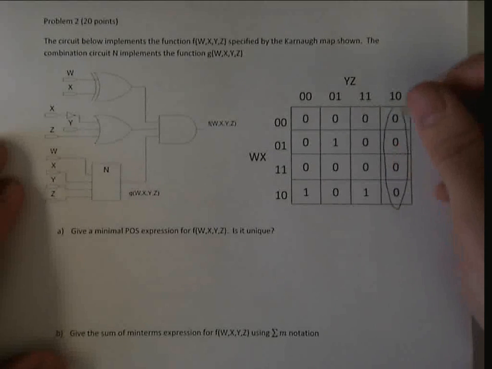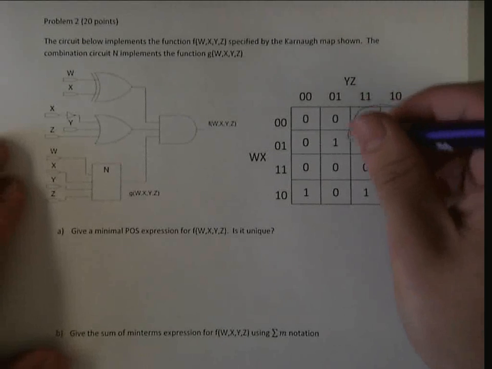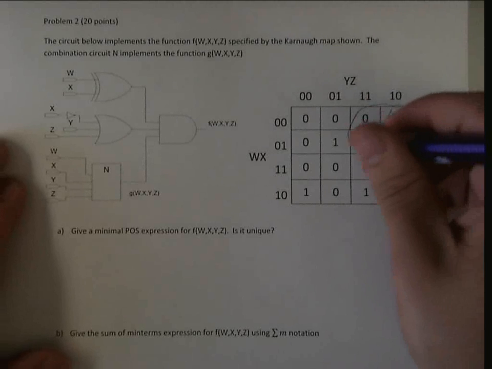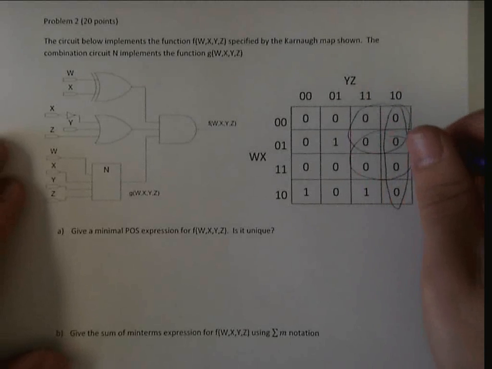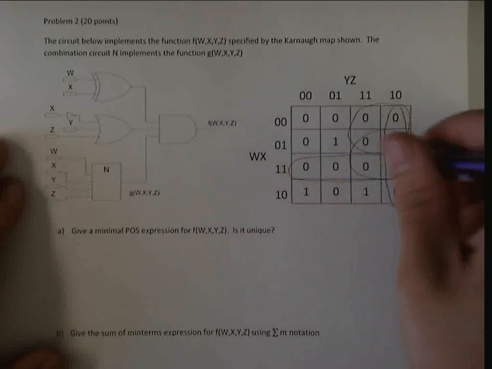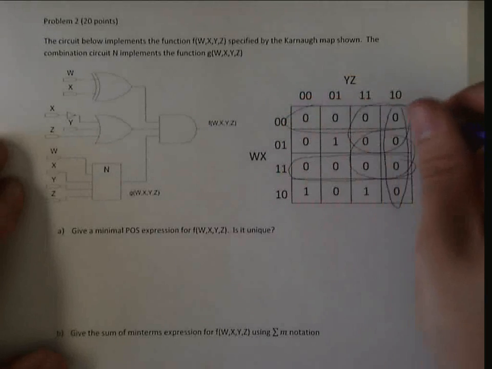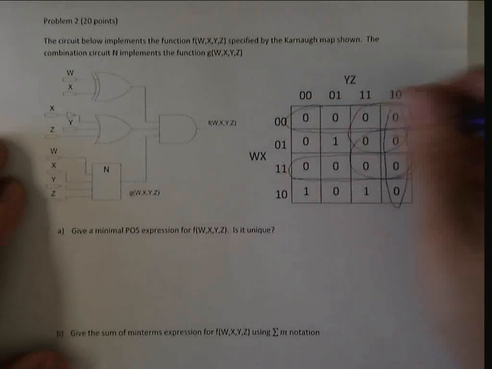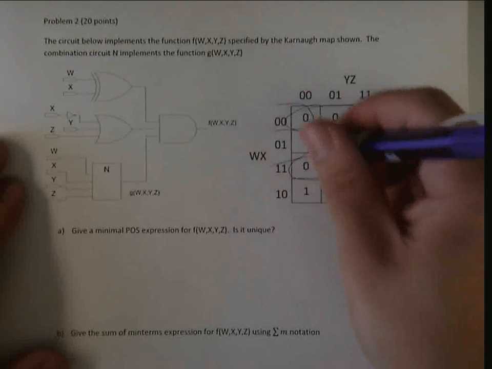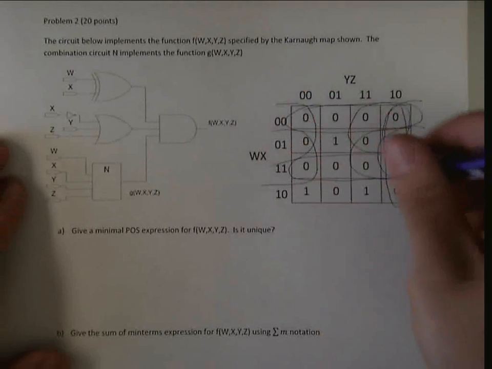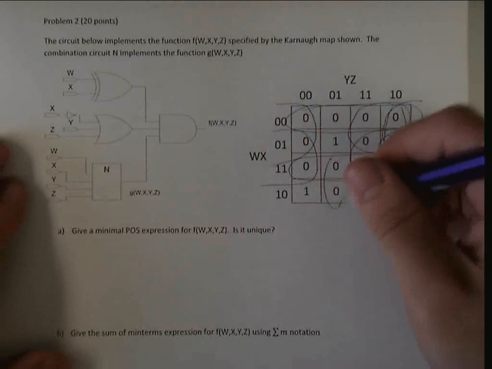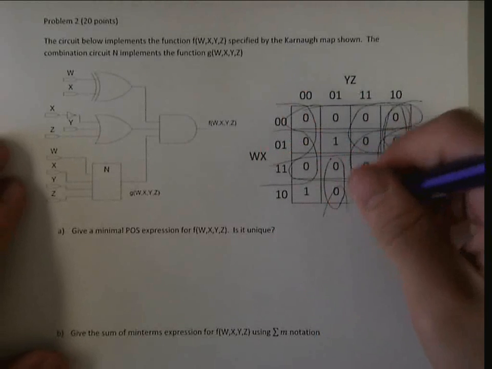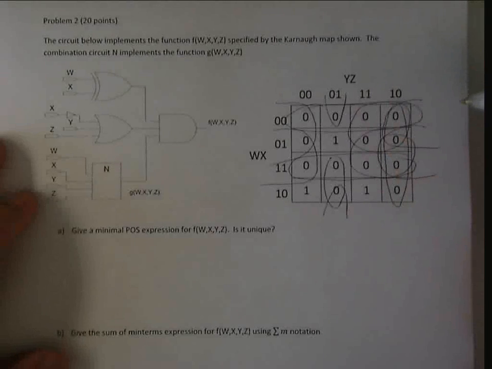I've got one here, got one here, got another one here, got this long one here, this long one here. Then I've got some wraparounds. So I've got this wraparound, and I've got this one here, the 2-cell, and another wraparound there.